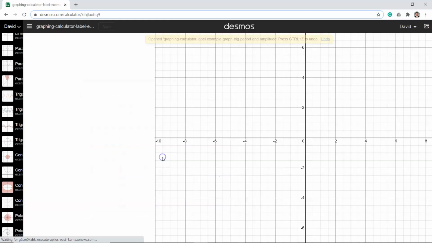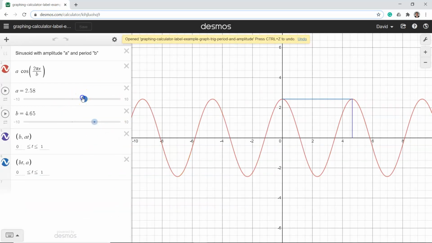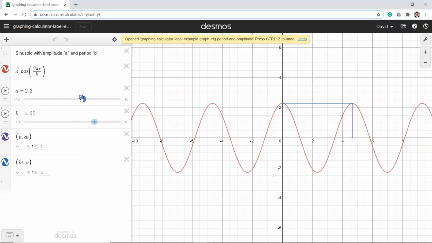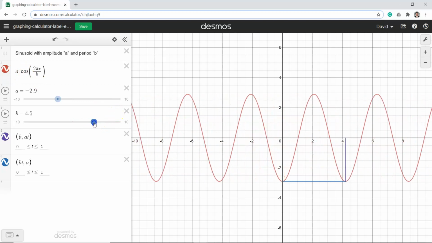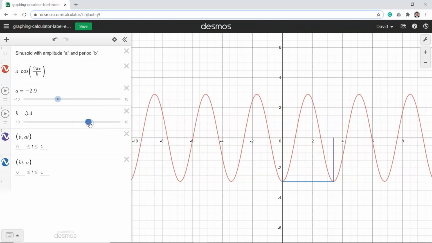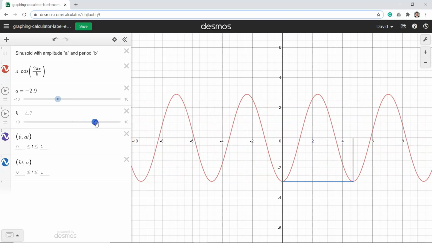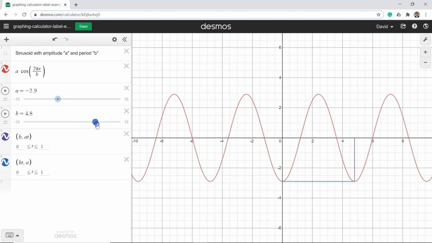They have a period, and here you can keep adjusting. The A here is our amplitude, and B here is the thing we're multiplying x by, so this affects the period and the length of that. So there are also these that you can mess around with and try to get a better handle on these concepts.